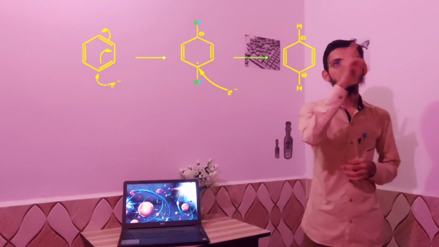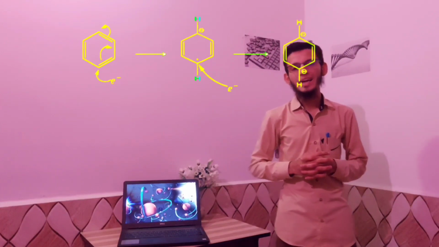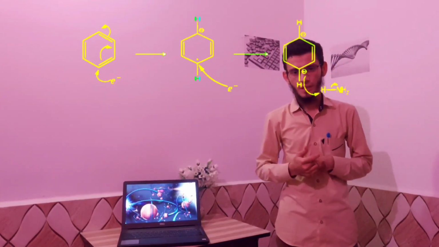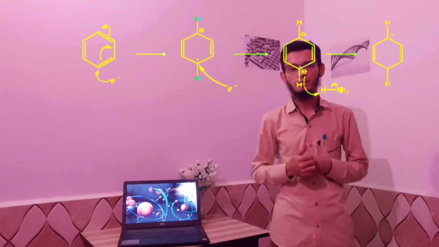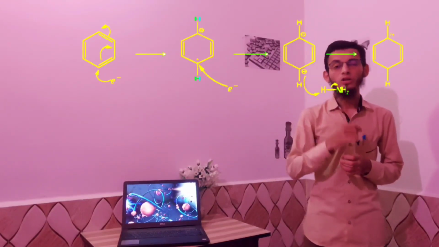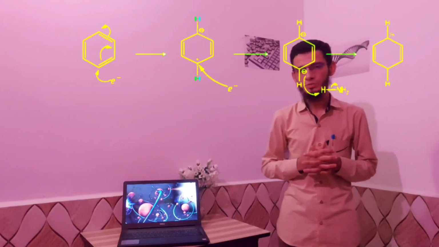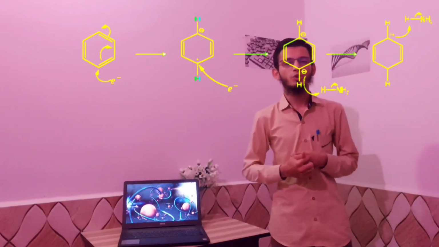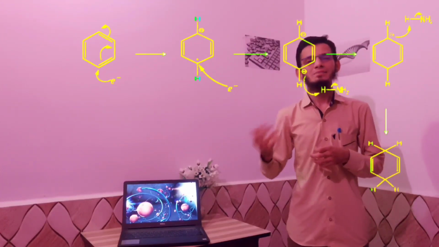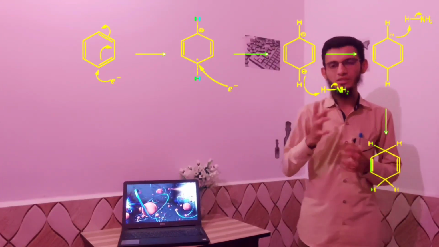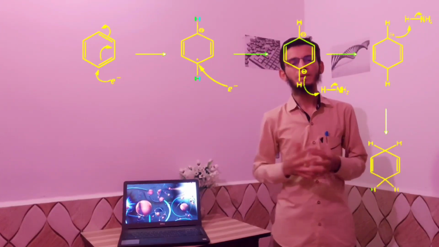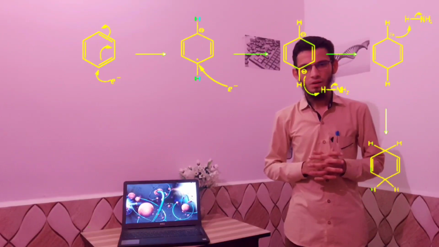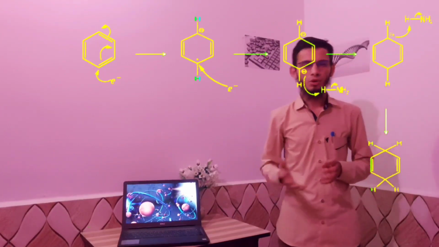The dianion will accept a proton from the ammonia, resulting in a monoanion system. Not alcohol, because alcohol is not present in the solution. This monoanion again accepts a proton from the ammonia, resulting in simply 1,4-cyclohexadiene. You can see this in the mechanism. So it is simple: when a proton source is not available, you will see a simple dianion, resulting in a similar product.